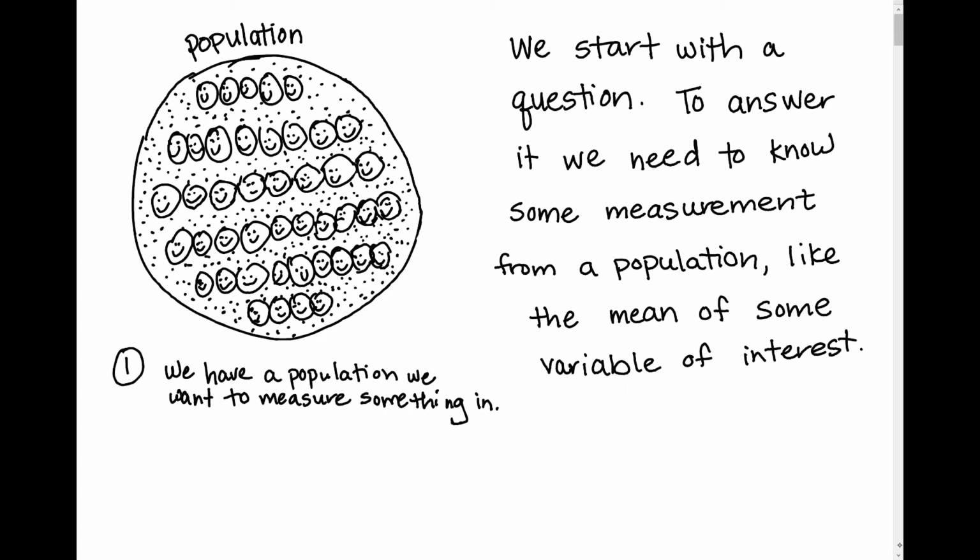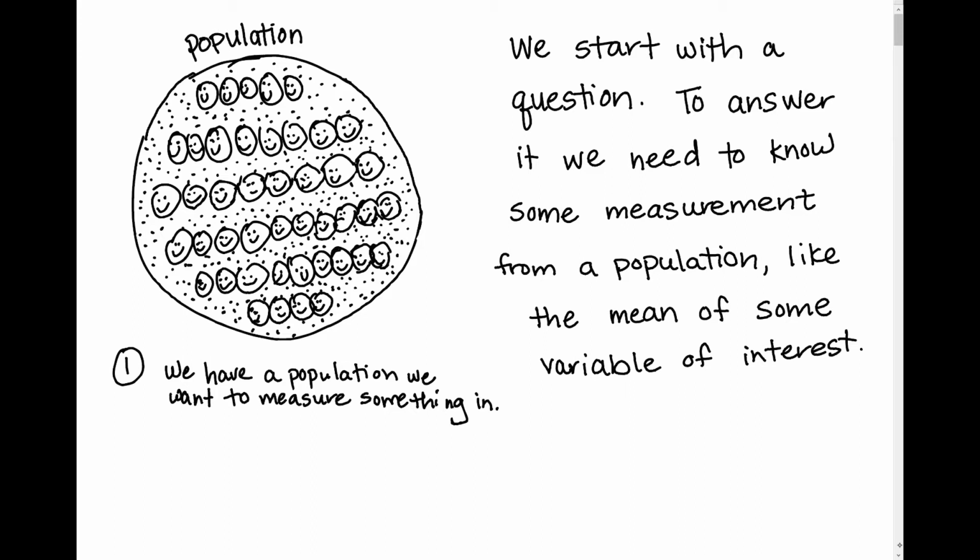So here we go. Starting back at the very basics, we have some population that we're interested in, right? And with research, we start with a question. We have a question about something, and in order to answer that question, we have to know some measurement from that population. So this might be the mean of some variable of interest, like anxiety levels among this population, or well-being, or IQ, or GPA, right?